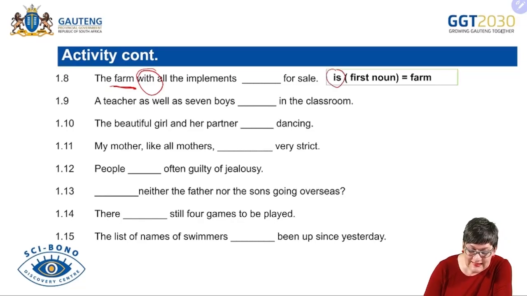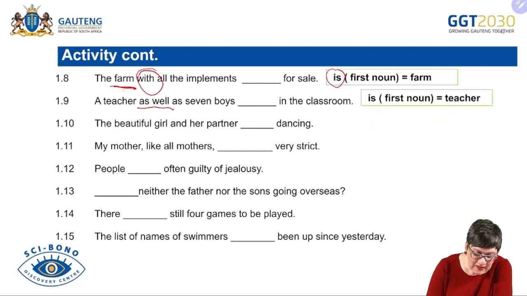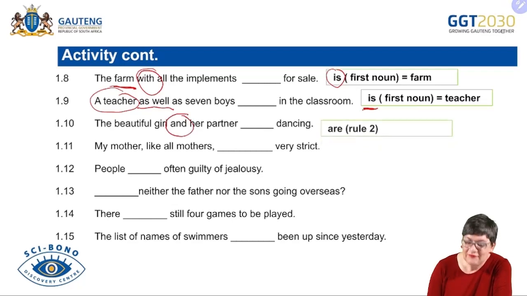Right, a teacher as well as, again, our first one is teacher, singular, going to use is. The beautiful girl and her partner, can you see there's our word and we're going to use are, easy one.